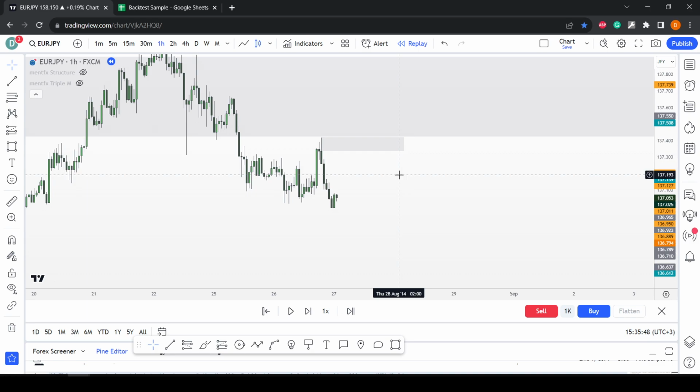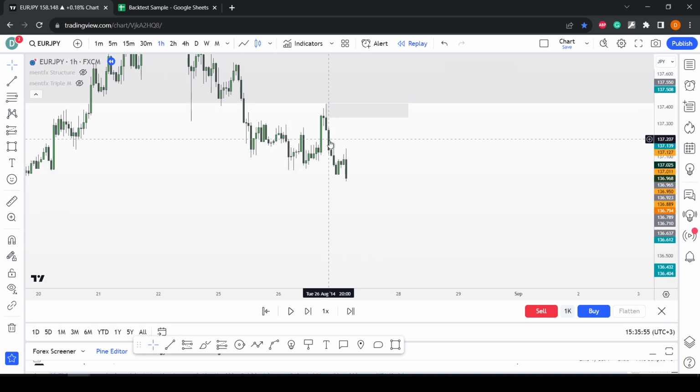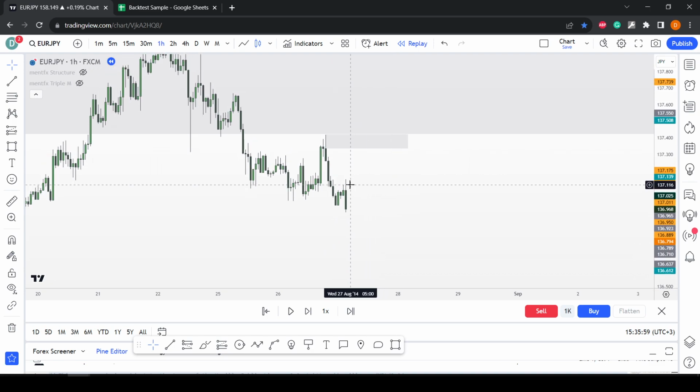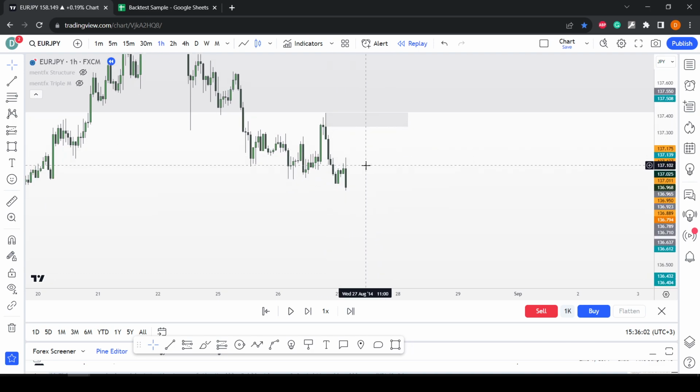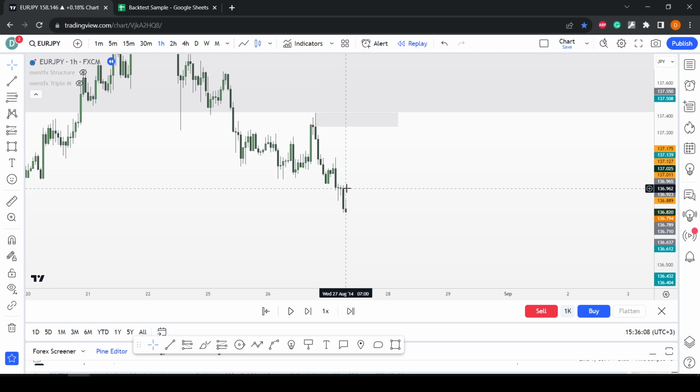So we have impulse, this small correction. Well, we had ICI. I mean, I wanted to see a deeper pullback. It's interesting if it will follow up. Oh, it's Asian. Okay, it's Asian. Yeah, it actually followed up.